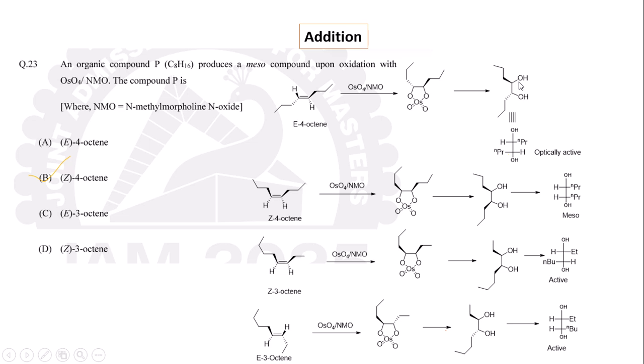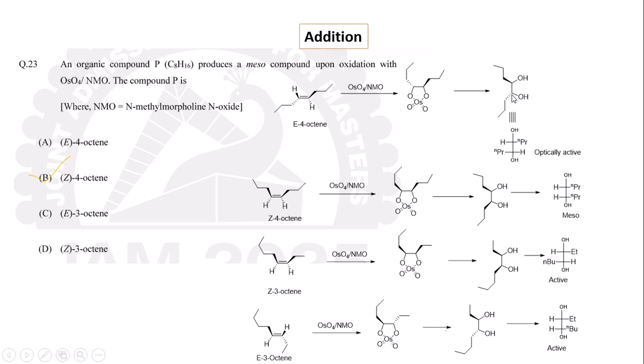And if we convert the flying wedge formula to the Fischer projection, then this N-propyl group comes to the right side as it is in the above direction, and the bend is present on the right side. Here the bend is present on the right side, so the N-propyl group comes to the right side.